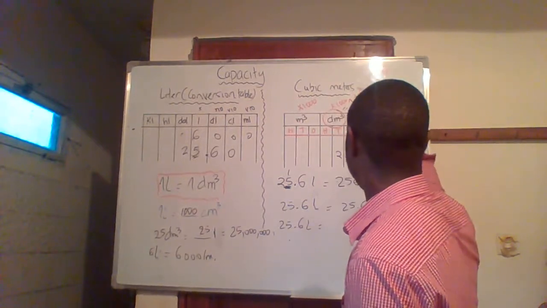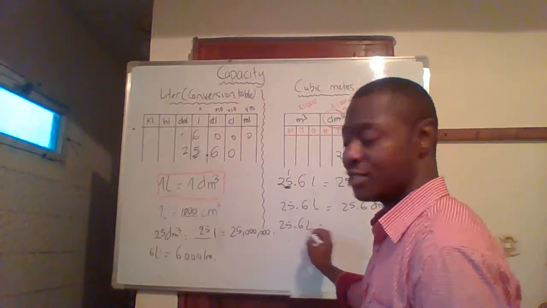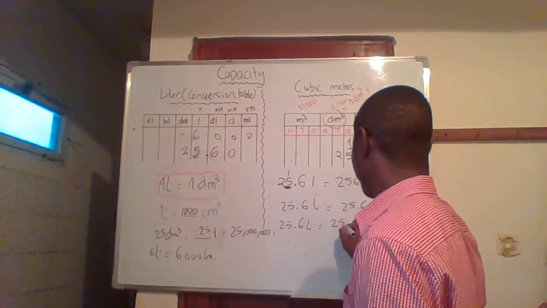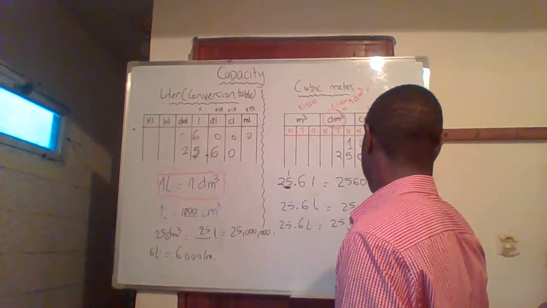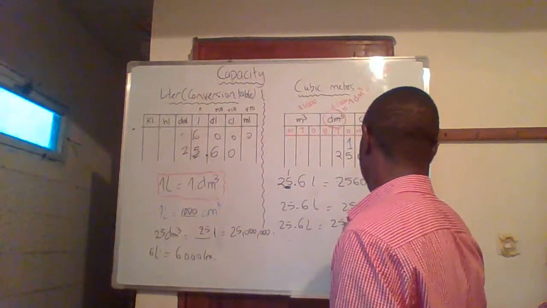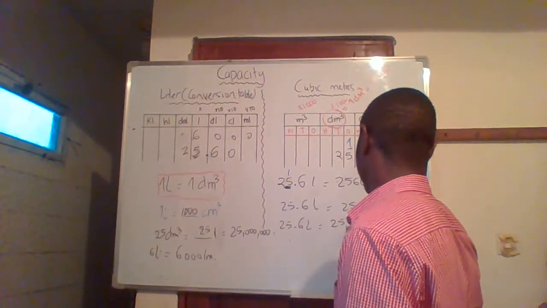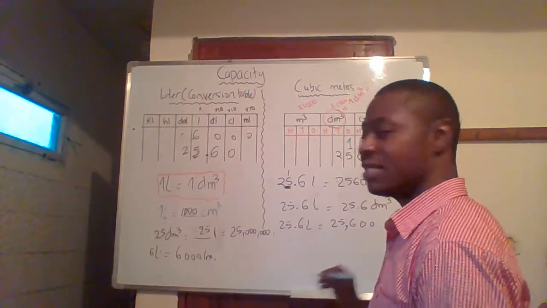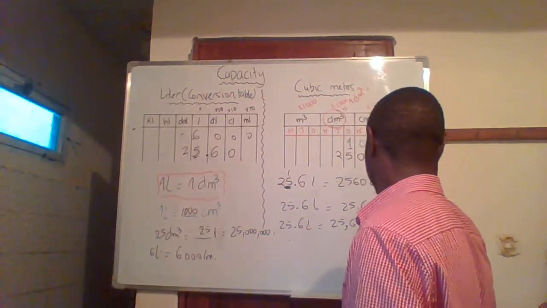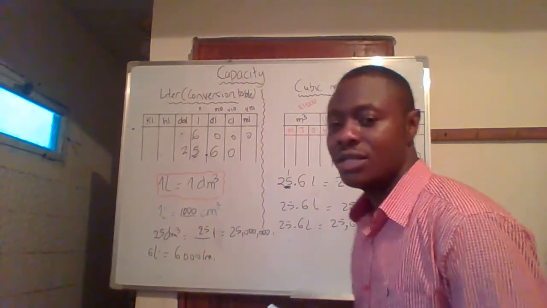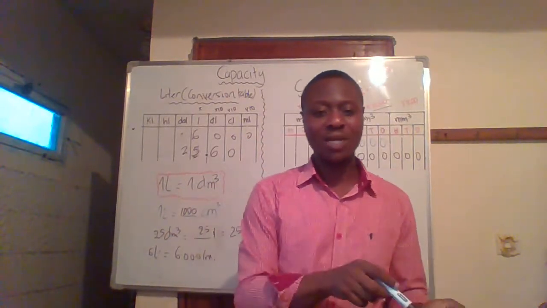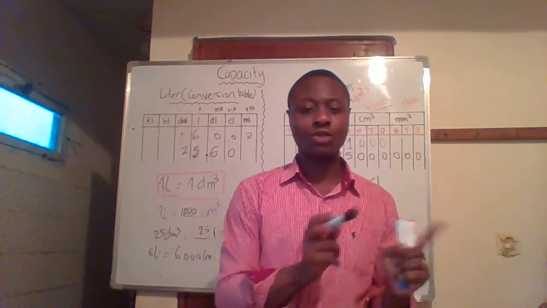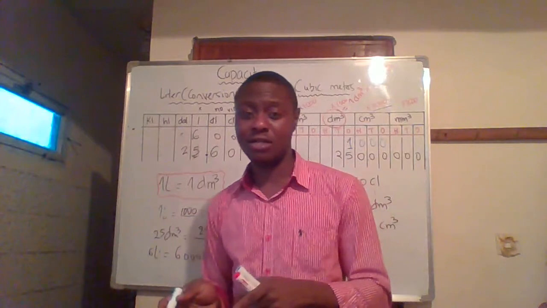Remember, we multiply by 1,000, which is going to give you 25.6 times 1, 2, and 3. So the answer is 25,600 cubic centimeters.